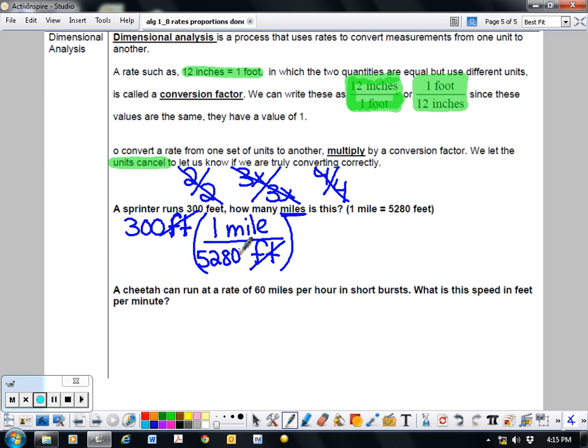And then what we're going to do is go ahead and multiply across the top and multiply across the bottom. So I multiply across the top, 300 times 1 is 300. The mile is still there. On the bottom, I have 5,280, no units. And so now I have a ratio. Now I can divide to find the unit rate.